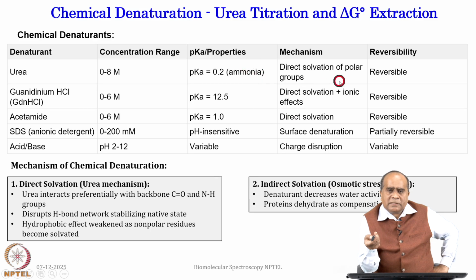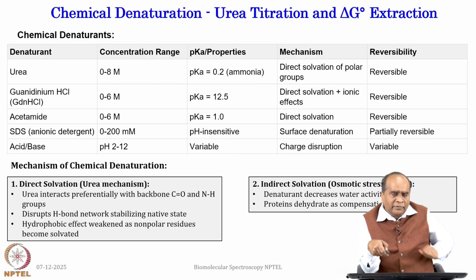Urea basically does direct solvation of polar groups. Guanidinium does direct solvation and also has an ionic effect because of GdnHCl. Acetamide does direct solvation. SDS puts negative charge on the protein, so that is surface denaturation, and acid base basically breaks the charge interactions, that is charge disruption.